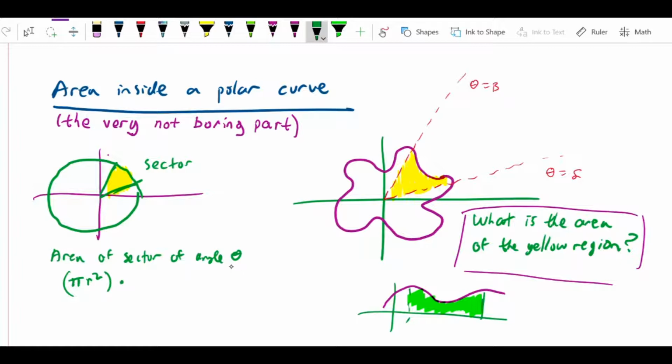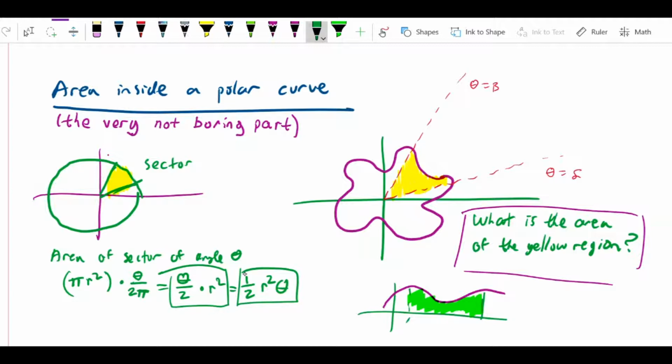Well, we know that the full circle is 2 pi, so the fraction that theta makes of the full circle is just theta over 2 pi. Okay, so simplifying that, what we get is theta over 2 times r squared, or sometimes we write this as 1/2 r squared theta. So either of those gives the area of a sector of a circle.